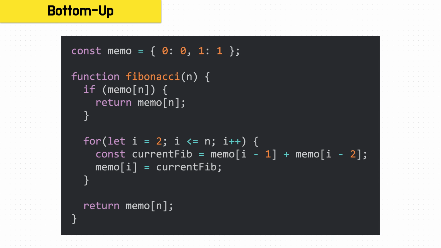So we've seen that memoization works for top-down Fibonacci, but it also works for bottom-up. When we're calculating the Fibonacci number, we can store the numbers behind it and then just access the hash table and use those previously calculated values to calculate the current Fibonacci number until we reach the one that we're looking for.